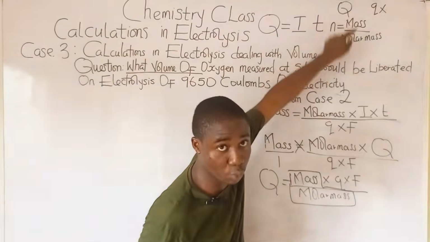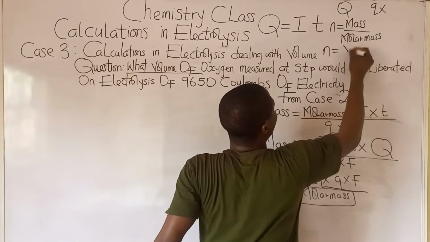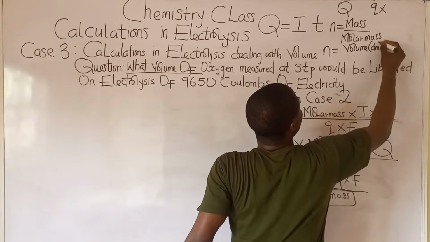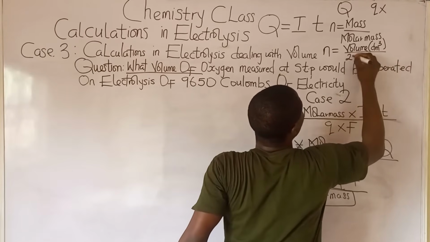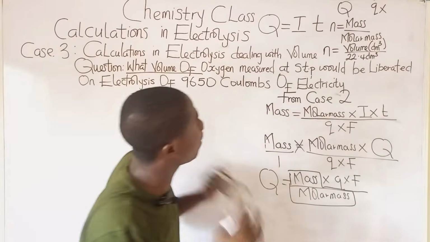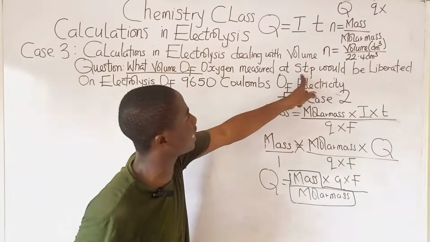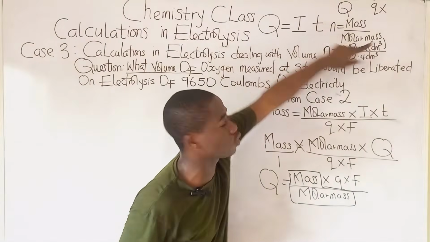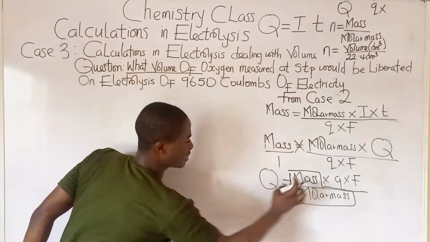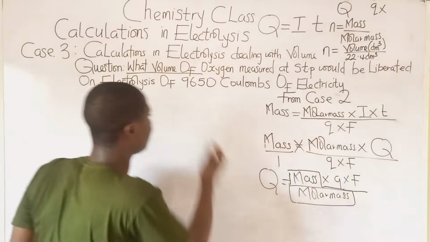Number of moles at STP is equal to volume in dm cube over 22.4 dm cube. So generally, number of moles is mass over molar mass, but number of moles at STP is volume in dm cube over 22.4 dm cube. This mass over molar mass will be changed to N, because that's what we are driving towards.